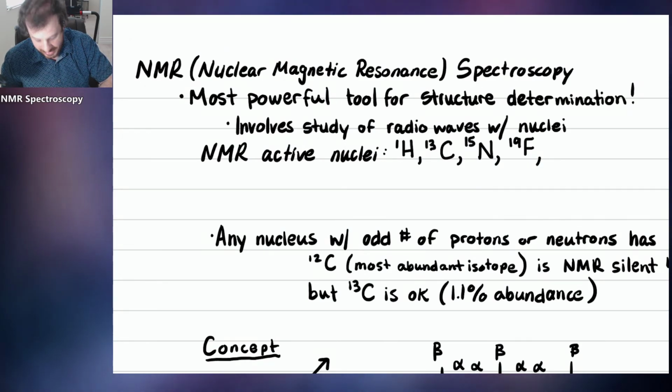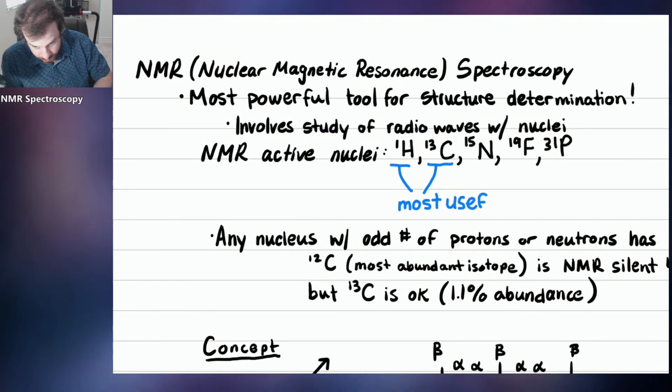Fluorine-19, and phosphorus-31. These are the most common nuclei that are explored with NMR spectroscopy, but in this class, and most commonly, unless you're working with a lot of nitrogen, fluorine, or phosphorus, you're only looking at hydrogen and carbon. These are the most useful. And so that's what we want to talk about in this class.